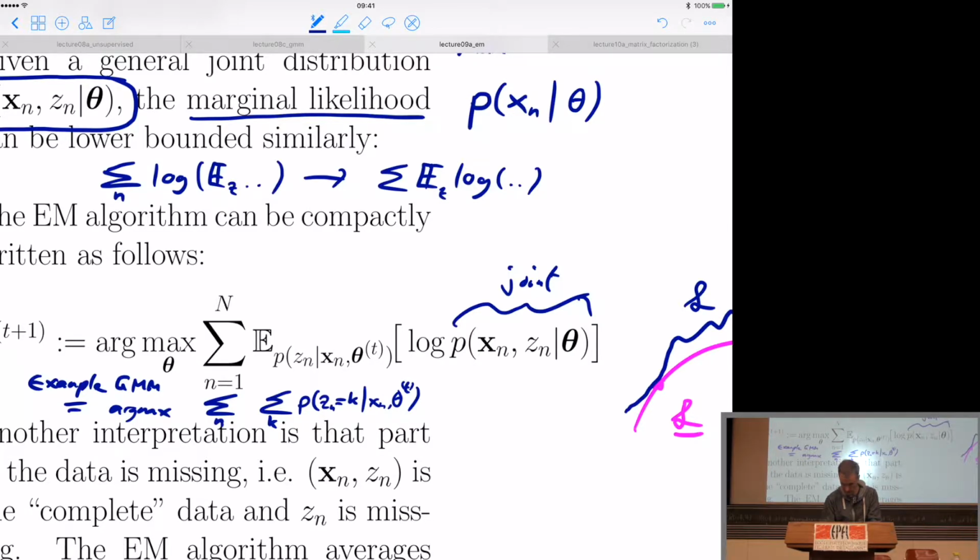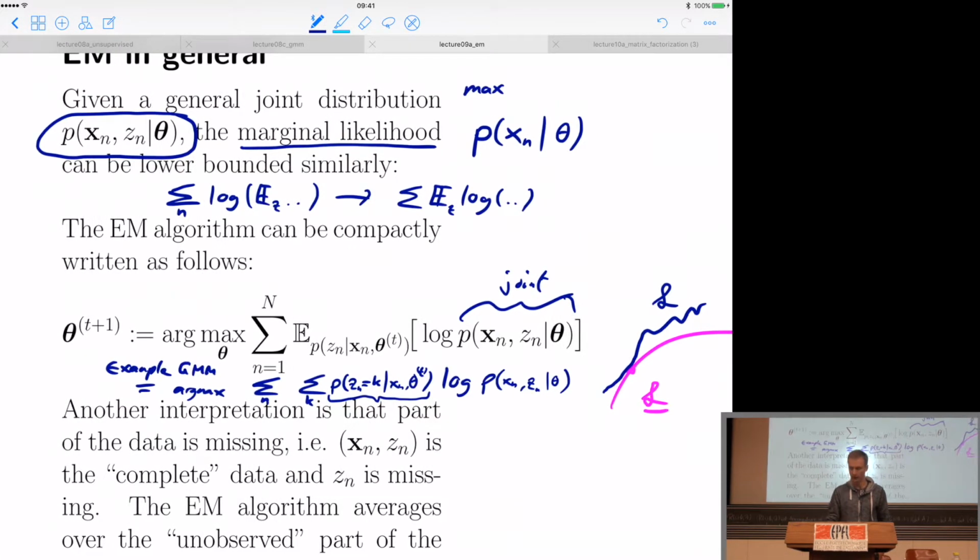That's the expectation of what? Of this value log. So, okay, what about, does this look any familiar to you? Here, this is the posterior, that's exactly correct. So, yeah, probability of the latent given the data.